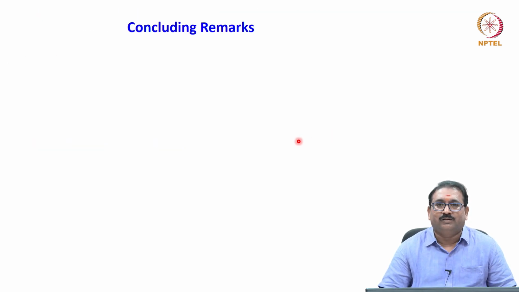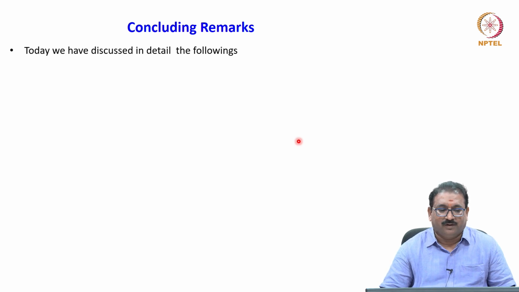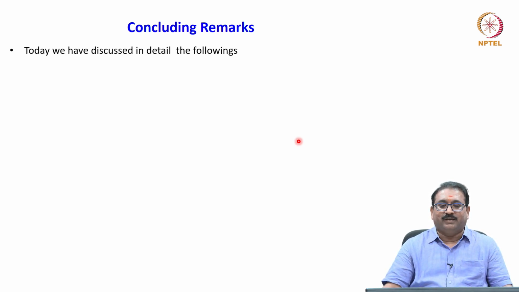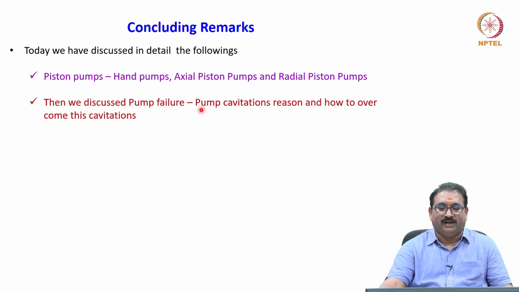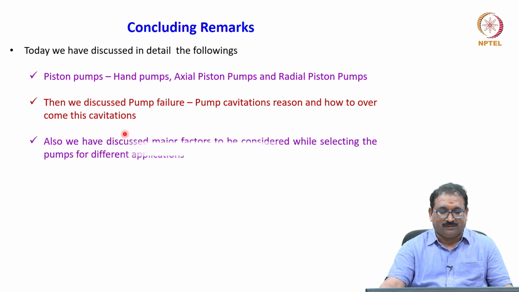Okay, I will conclude today's lecture. Today we have discussed in detail the following: piston pumps, hand pumps, axial piston pumps, radial piston pumps, and different variants. Then we discussed the pump failure because of the pump cavitations. What are the reasons, how to overcome these cavitations?